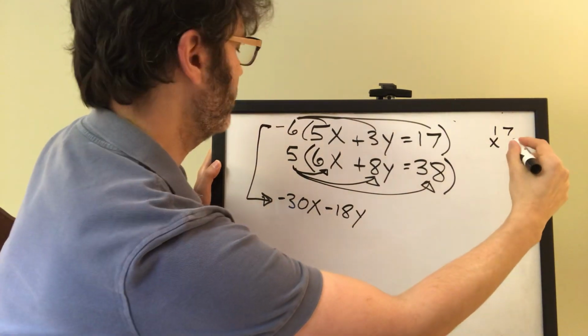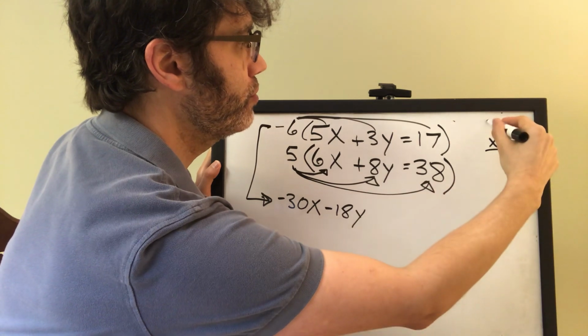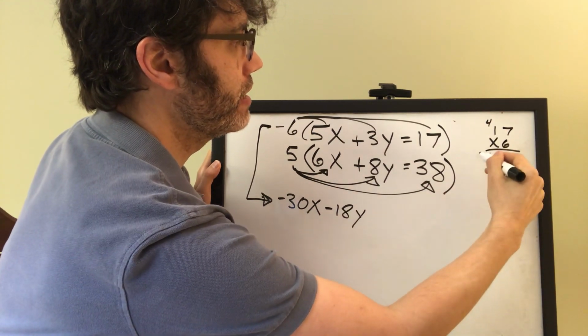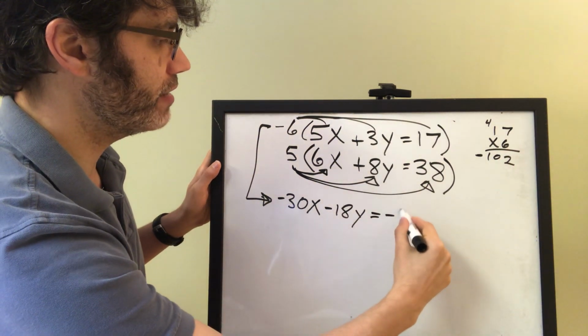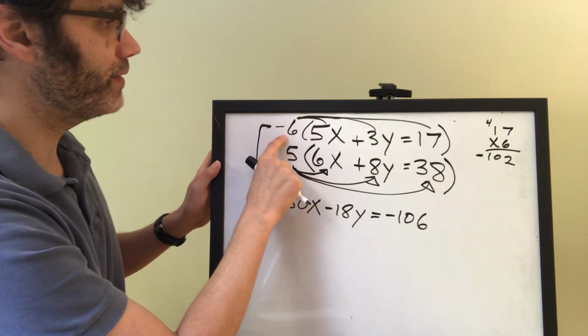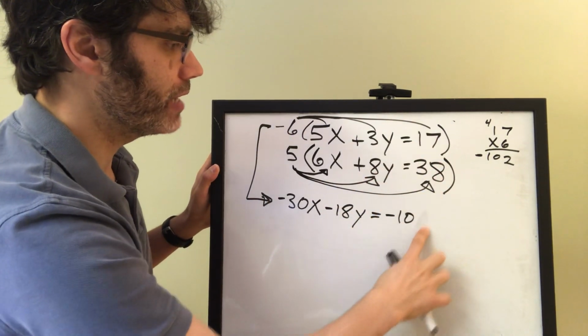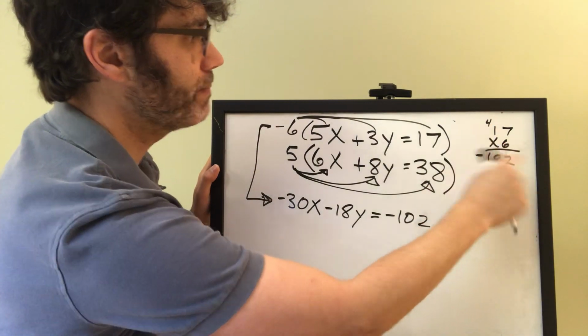I can't do it in my head. All right, so 6 times 17, 42, and then 6, 10, so that's a negative 102. All right, it's a big number, but it'll work. Negative 6 times positive 17 gives us a negative 102. So 42, 6, yep, that should be right.